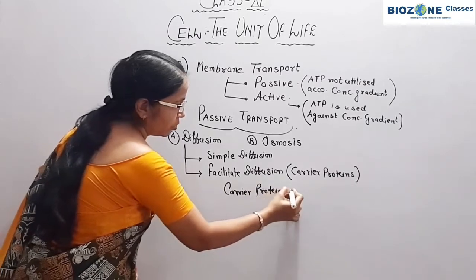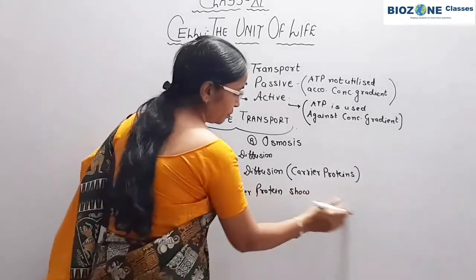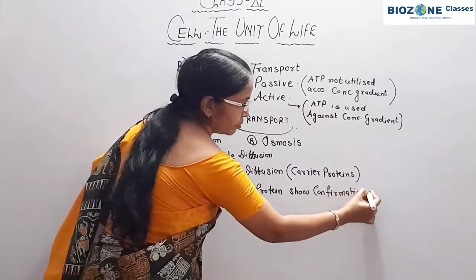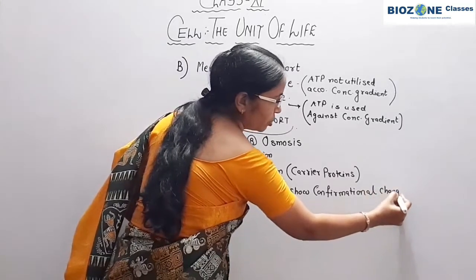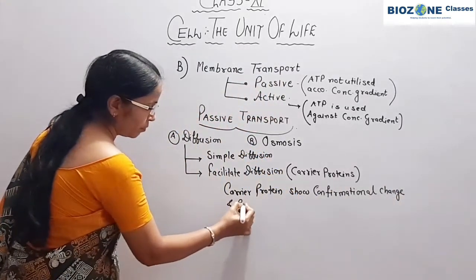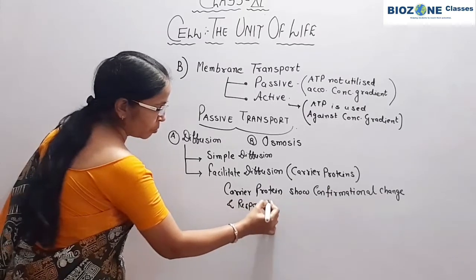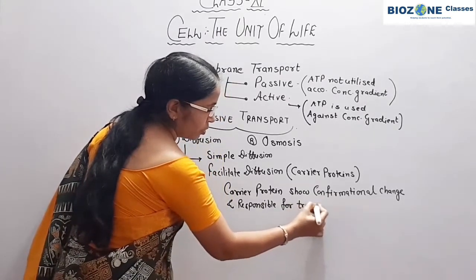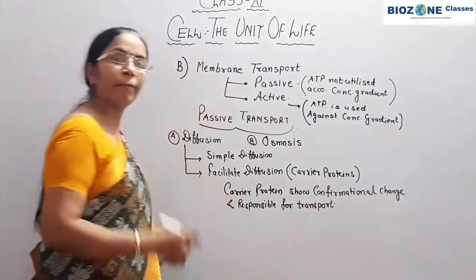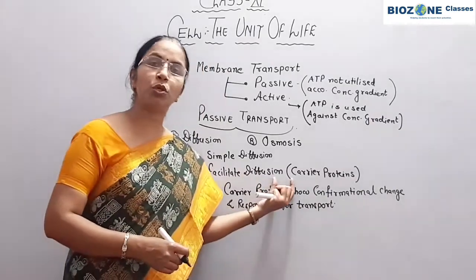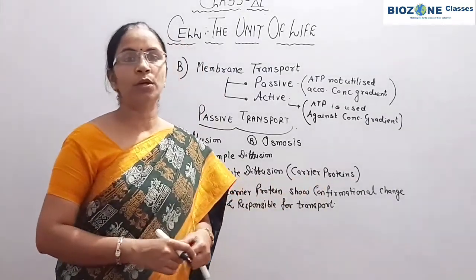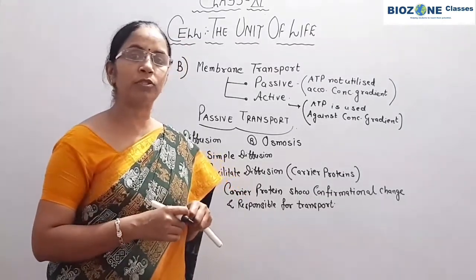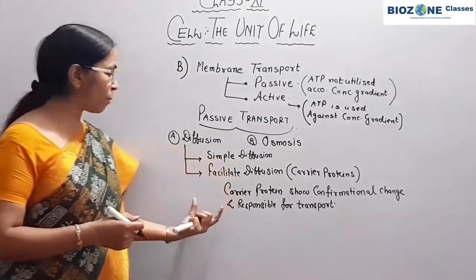Carrier proteins show conformational change and are responsible for transport. Mainly facilitated diffusion, or carrier proteins, are used for the transport of those molecules for which the membrane is generally impermeable. So this part you remember.